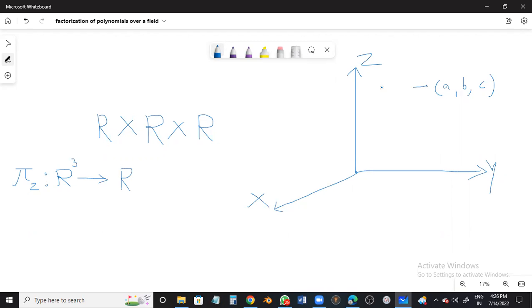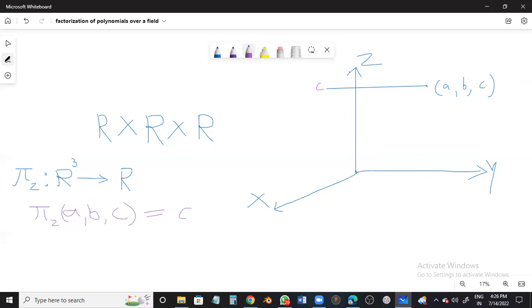This gets projected to its Z component, and the Z component is nothing but C. So pi Z of the triplet (A, B, C) equals C. So what I can say, this is just projection on the Z axis. So what is the value that I'm getting? The value is nothing but C.